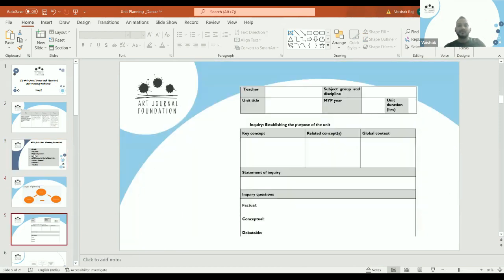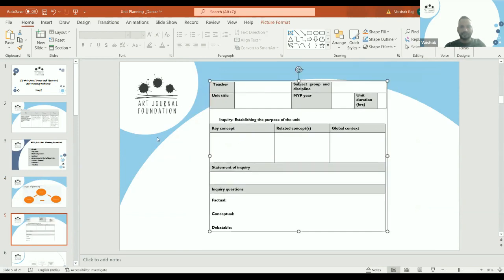Now, let's go to the first. So you can fill up your name. The subject group is arts, performing arts, basically. So you can write dance in bracket. You can write performing arts. That's how I write it. Give a unit title now. Giving a unit title also takes a lot of creativity.